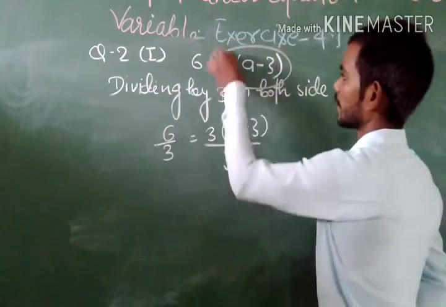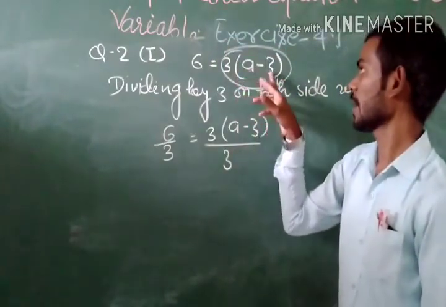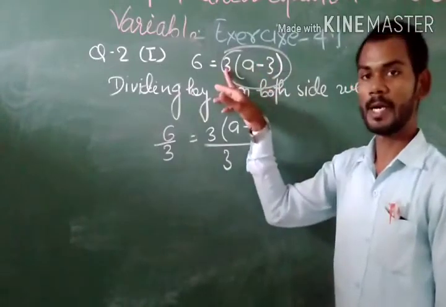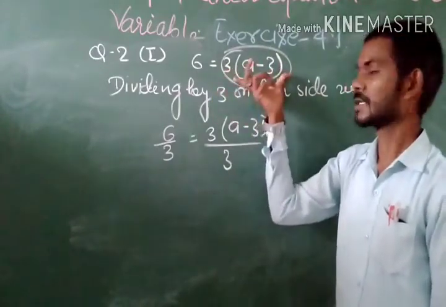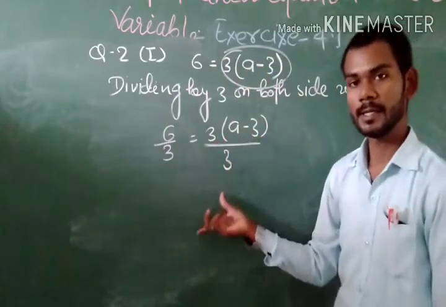This is the single quantity, because (a minus 3) is whole multiplied by 3. That is why this is the single quantity. So it becomes divided by 3 like this.